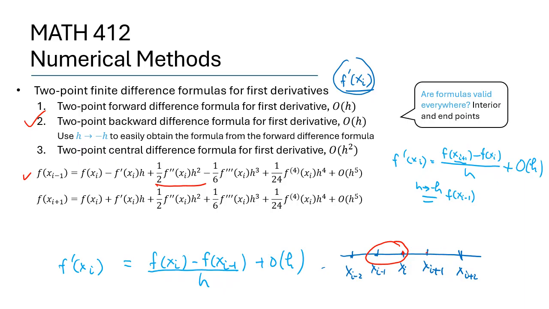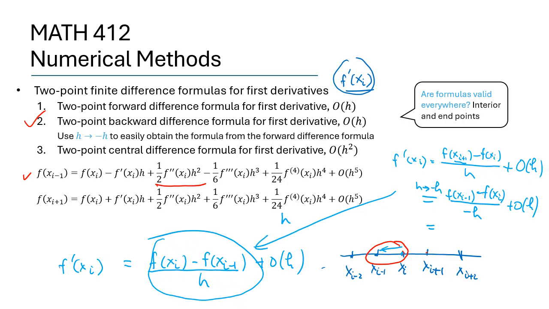Normally x changes from a smaller value to a larger one, but it could go in the opposite direction, from larger to smaller. If you go from this point with a negative increment, that will be f of xi minus 1 minus f of xi over negative h. This is still big O of h, and when you rewrite it, you get the other formula. So you can play such a game.